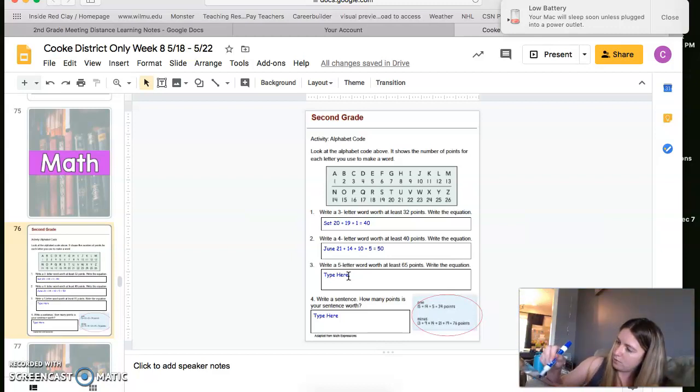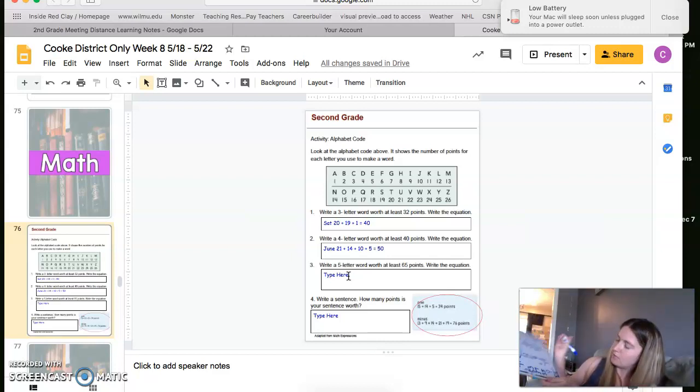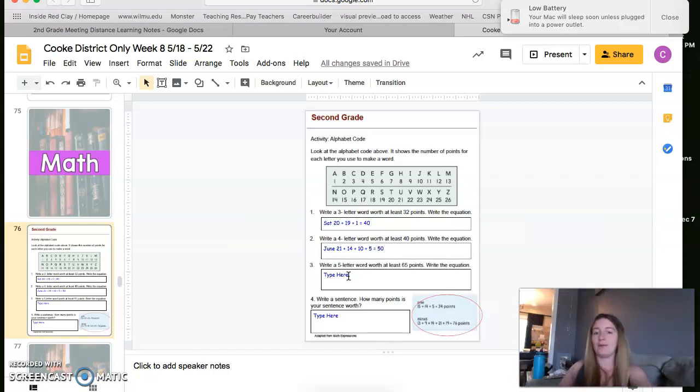Make a new group. Now I add my tens. 5 plus 2 is 7, plus 3 is 10, plus 10 more is 13. So my sentence of I like to run is worth 134 points.